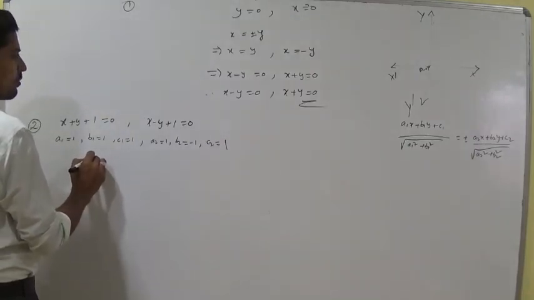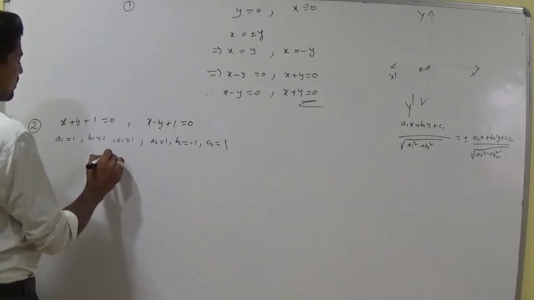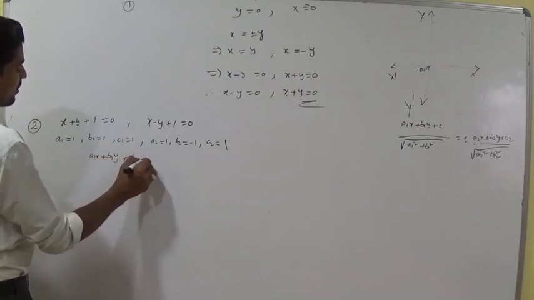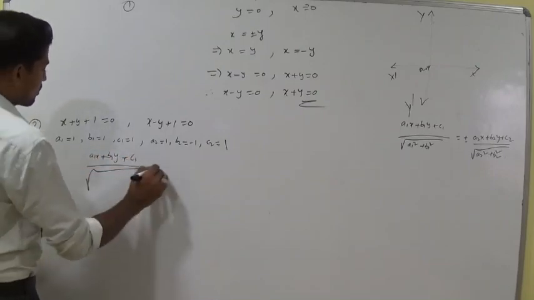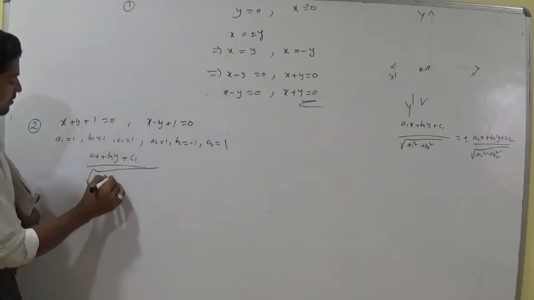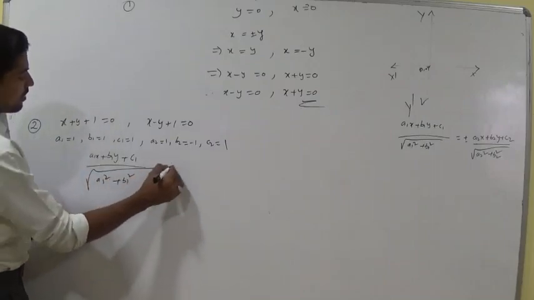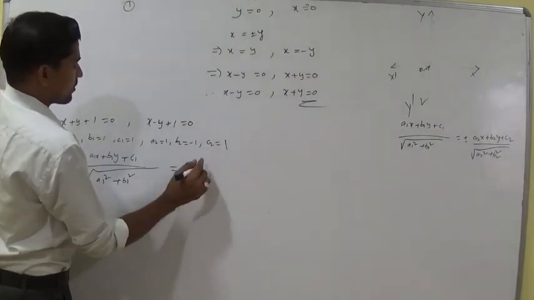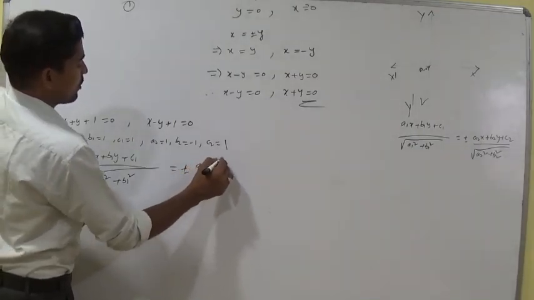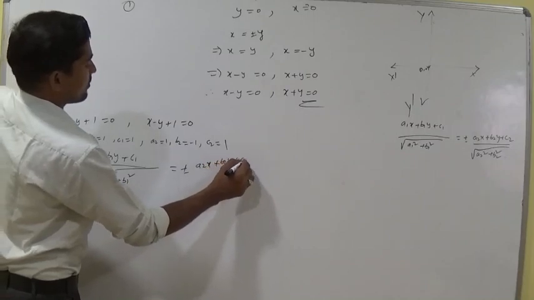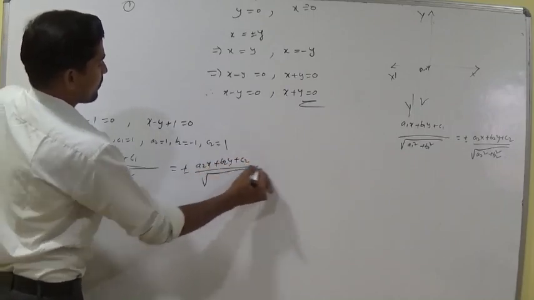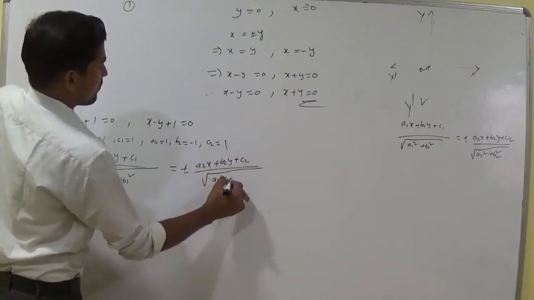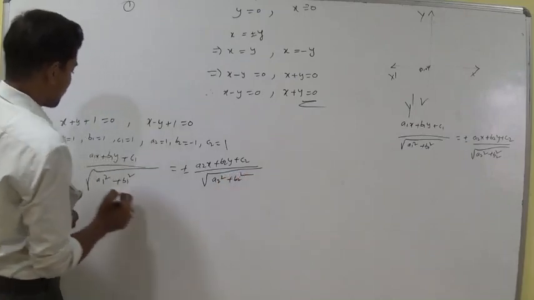We know the formula a1x plus b1y plus c1 by square root of a1 square plus b1 square equal to plus or minus a2x plus b2y plus c2 by square root of a2 square plus b2 square.